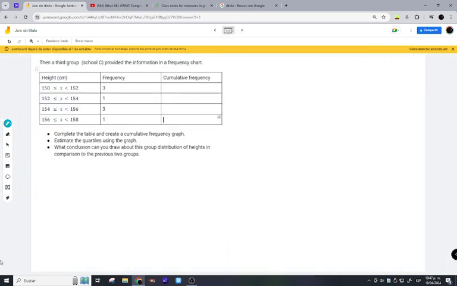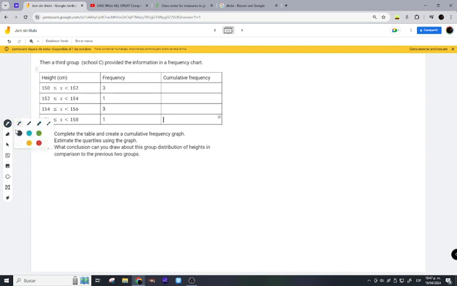Okay, still same situation, but an additional school to consider. A third group, school C, provided the information of the heights again in a frequency chart, and this is organized in intervals. This is grouped data.